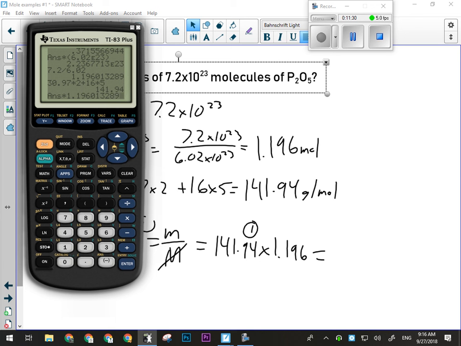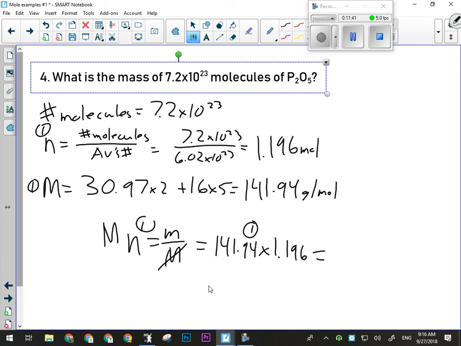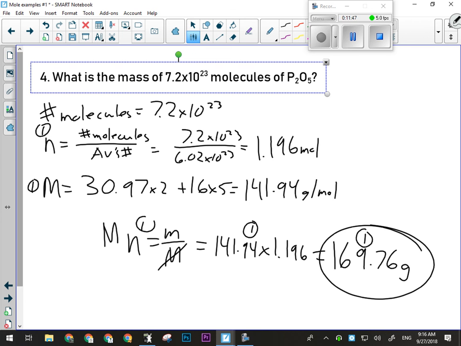I kept all my decimals, I re-entered them all, so I can be as accurate as possible, and I'm getting a mass of 169.76 grams, for my fifth and final mark.